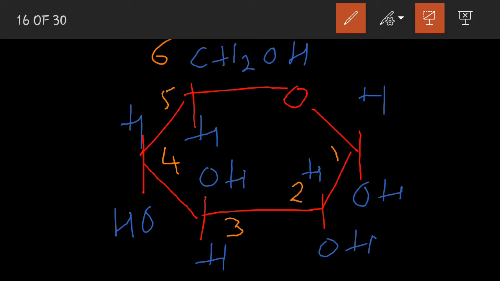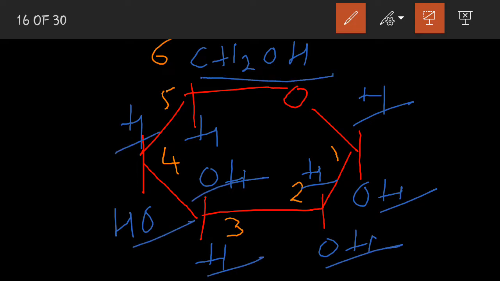It's either 2 or 0. So don't make a mistake here. What should you remember? H, OH, H, OH, OH, H, H, OH, then CH2OH, H. If you follow this, it is very simple to write the Haworth structure of alpha D plus glucose.